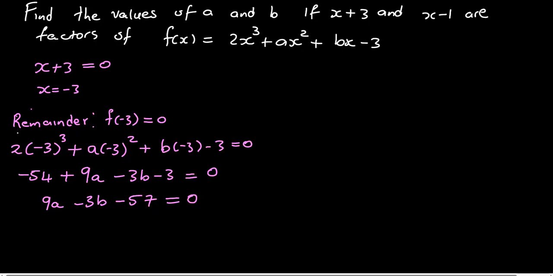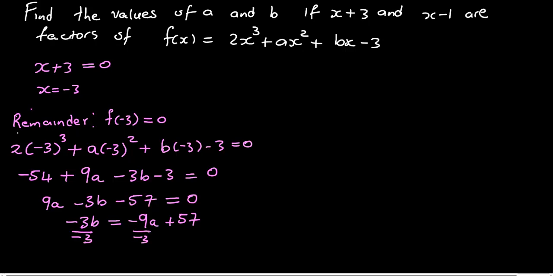We need to decide which variable we can make the subject of the formula. I think it's best if we make b the subject, because I can write this as minus 3b equals the 57 going to the other side to be positive, and the 9a going to the other side to be negative. So I'm going to have negative 9a plus 57. Now we can divide everything by negative 3.